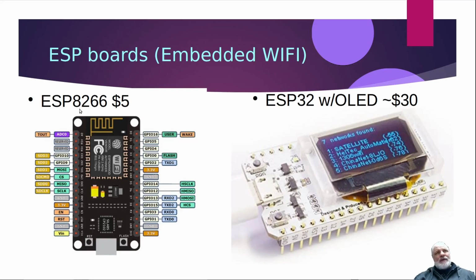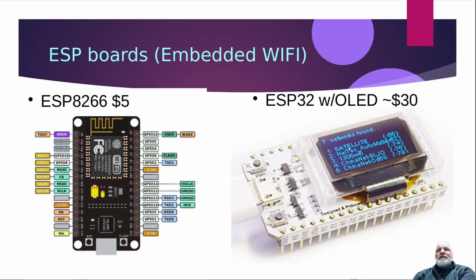There's this board here, the 8266. It has some I/O built into it, and it also has Wi-Fi and Bluetooth built right into the chip. So you can see the chip, and it's got Wi-Fi built right into it. It's a pretty nice little board.